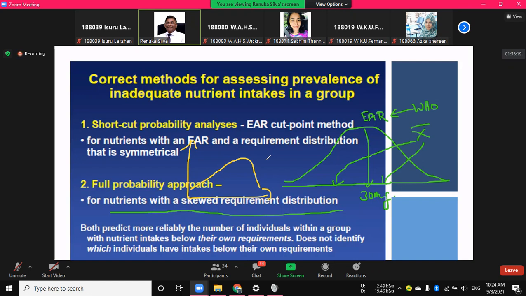Iron requirement of the population is skewed. So EAR is here, maybe here. No, EAR is defined as 50% of the population, so maybe here. So 50% here, 50% that side. So for such nutrients, we have to do the full probability approach, definitely.